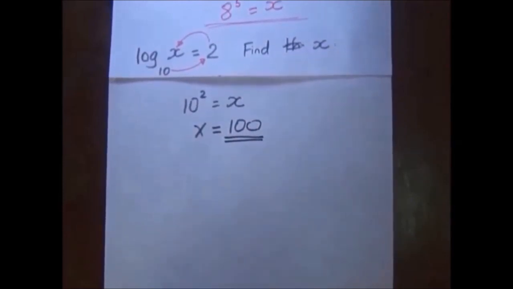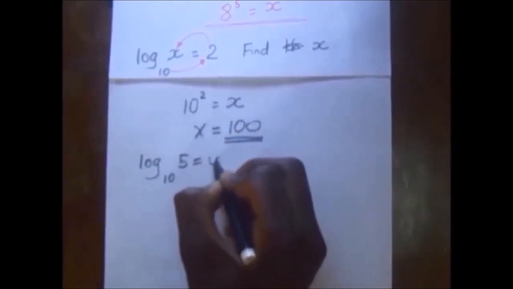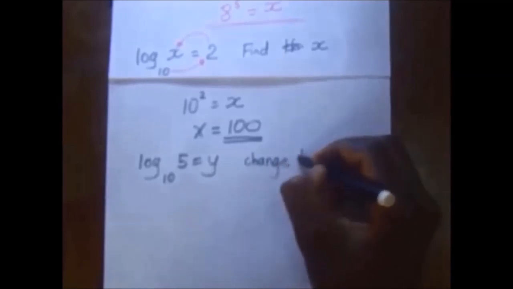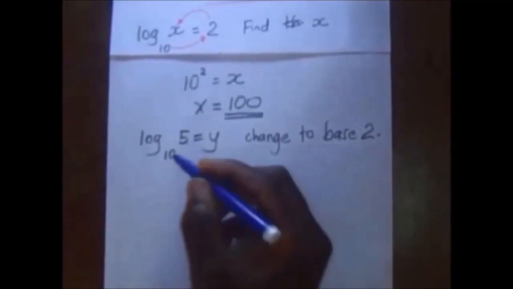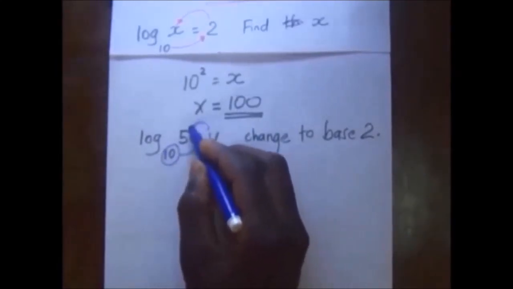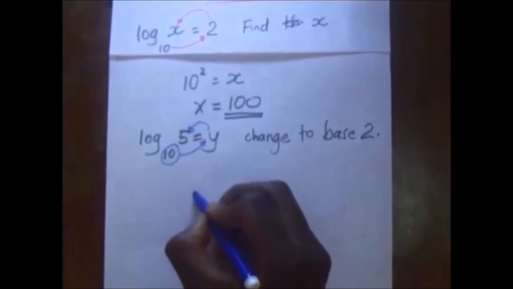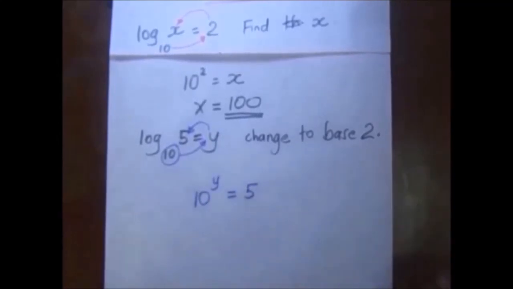Change of base. For example, if you have log base 10 of 5 is equal to y, we first convert that to index form. Converting it to index form means the base to the power that is equal to that. So it's going to become 10 to the power y is equal to 5.